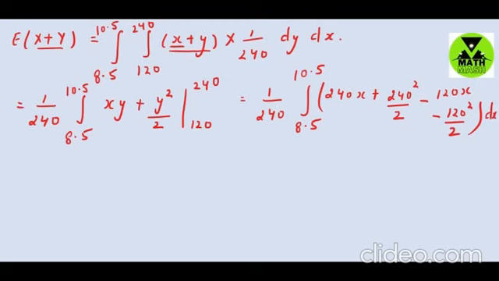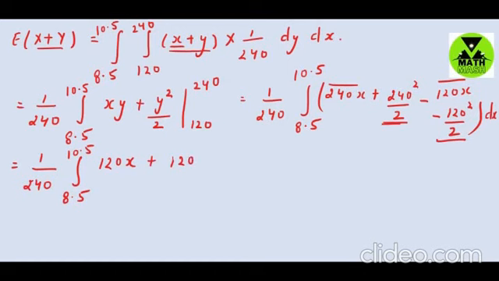Again, when we combine these two terms, this is equal to 1 by 240 as it is, integral from 8.5 to 10.5. So first combine these two terms, 240x minus 120x is 120x, and this is the constant term, that is 240 square by 2 minus 120 square by 2. So here the LCM is 2, and again we can use the formula a square minus b square. So this is 240 plus 120 and 240 minus 120.